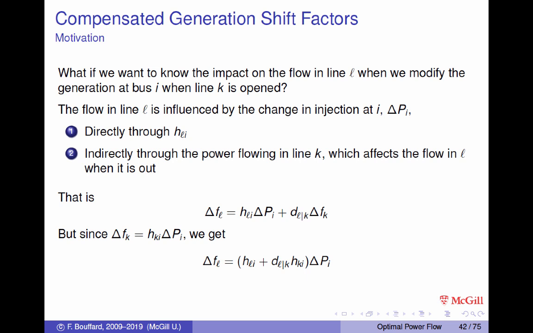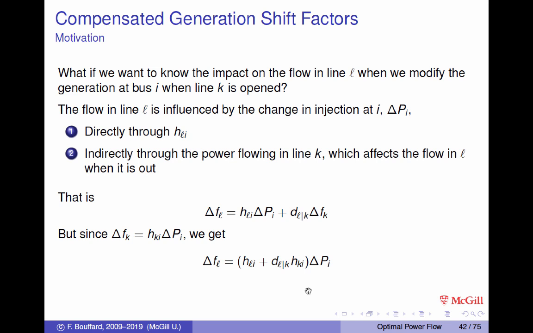The flow in line L is influenced by the change in injection at any node I, delta PI, directly through the generation shift factor. And it's also driven indirectly through the power flowing in line K, which would end up affecting the flow in line L when it's out.